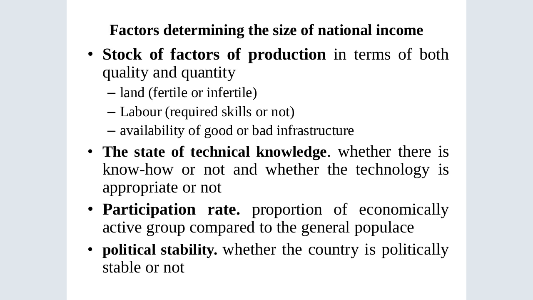Look at those countries that are characterized by political instability. Most of the economic activities don't take place because of the political instability. Of course, that means that they have a lower national income.